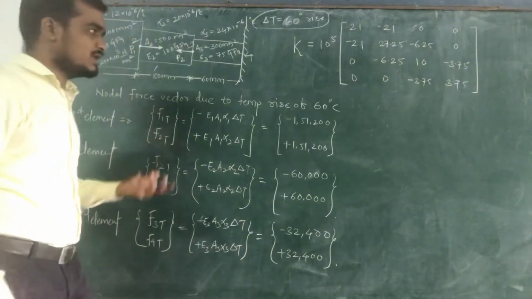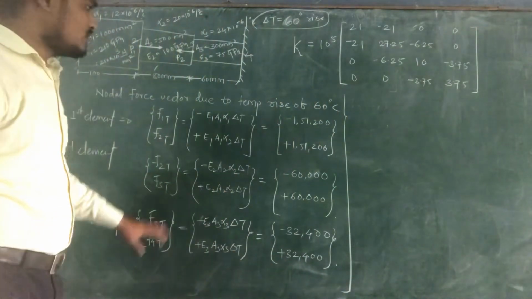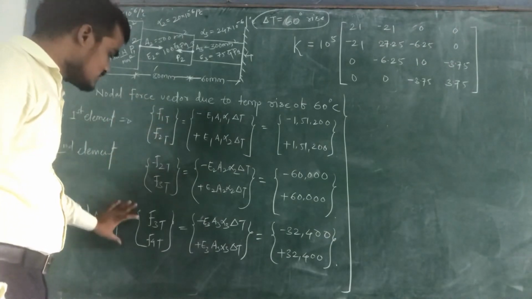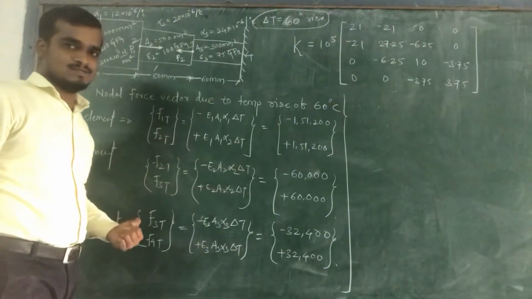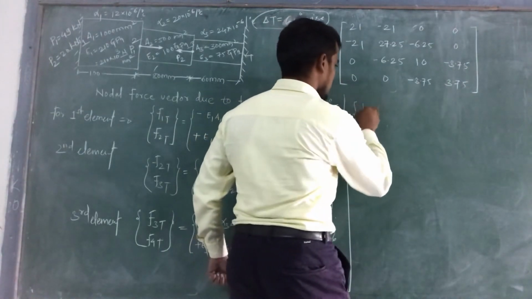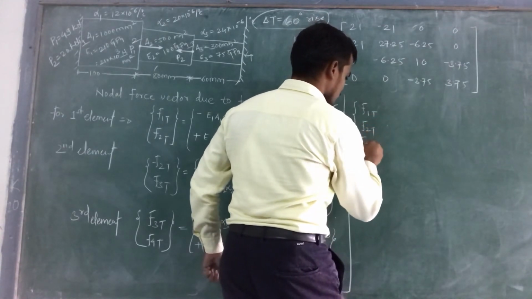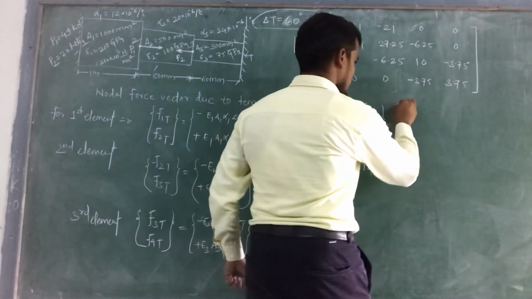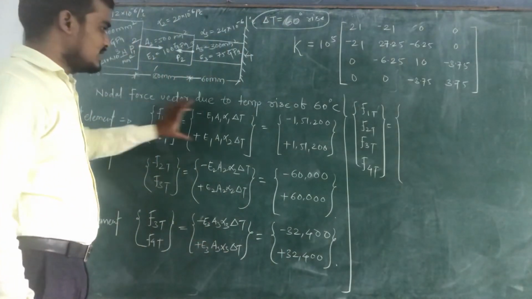So how to construct means by simply adding these three nodal forces, you will get the nodal force vector due to temperature rise, which is written as F1T, F2T, F3T, F4T.